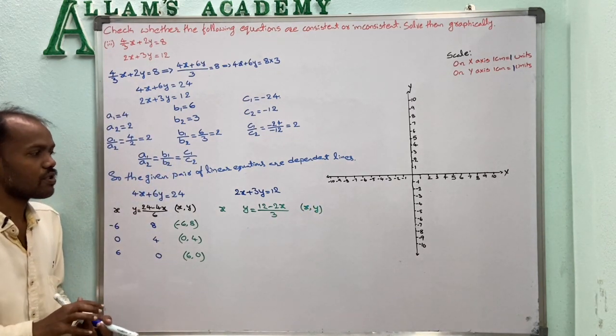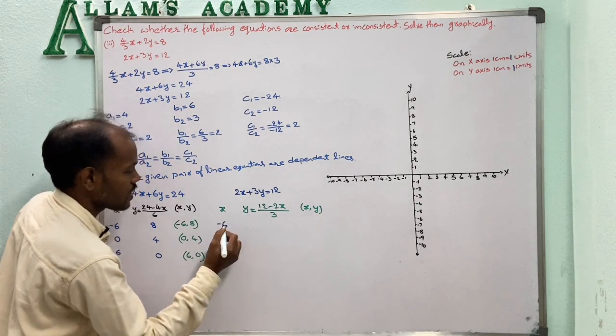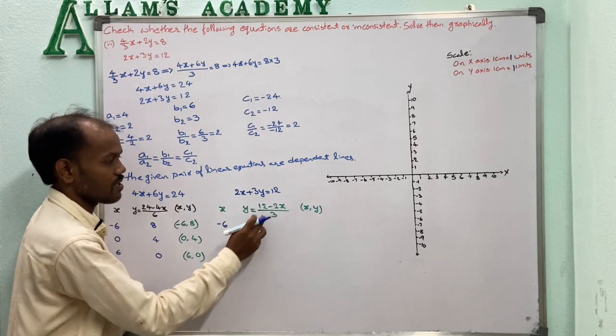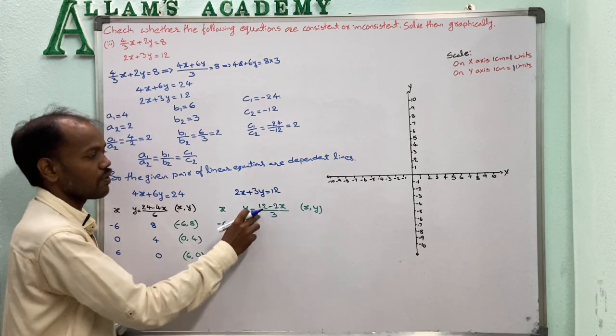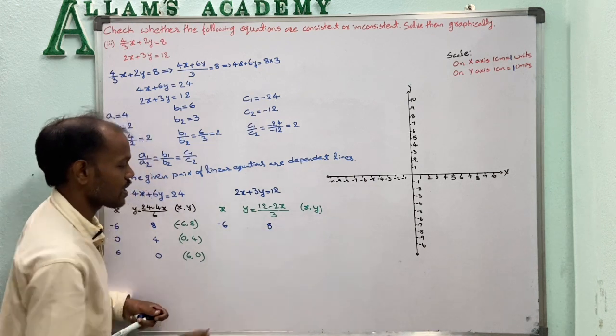If we substitute minus 6, 12 minus 2 into minus 6; minus into minus is plus, 2 sixes are 12, so 12 plus 12 is 24, 24 by 3 equals 8.